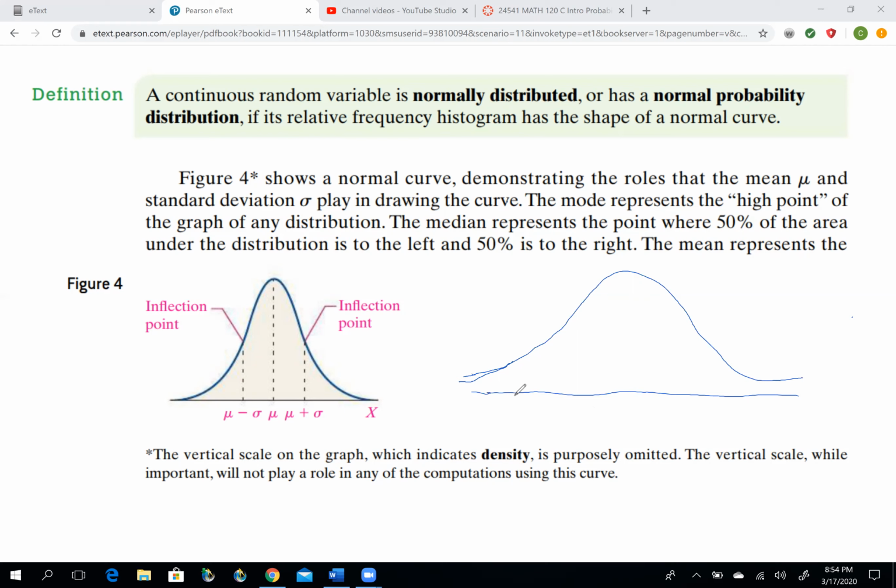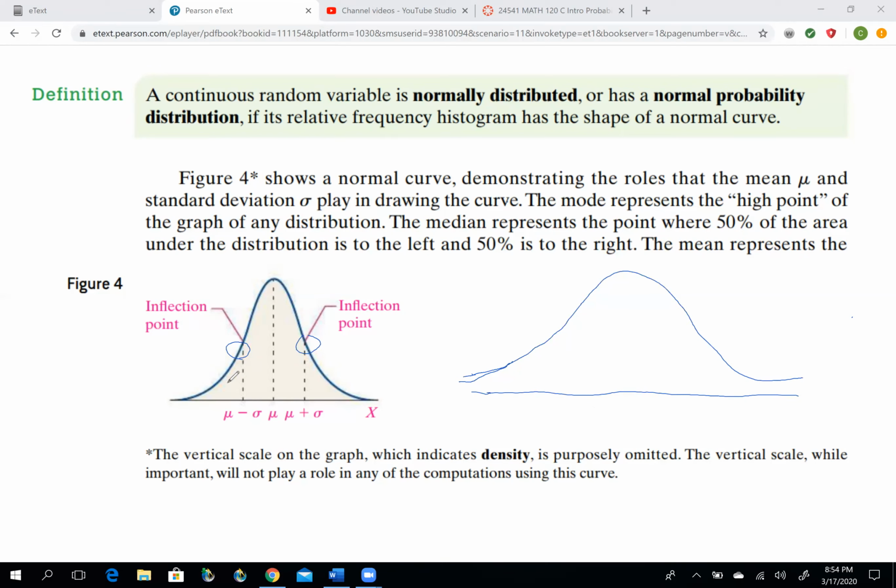And again, the inflection points we have here and here, it's where the graph changes behavior. So these are my inflection points in the normal curve.